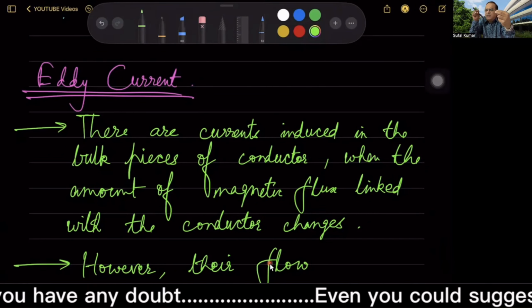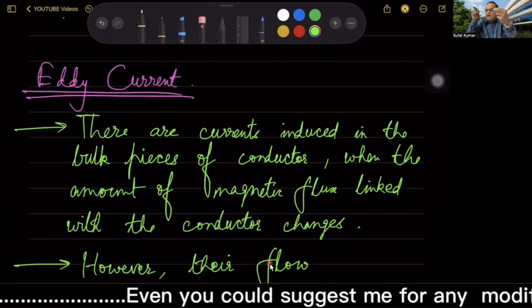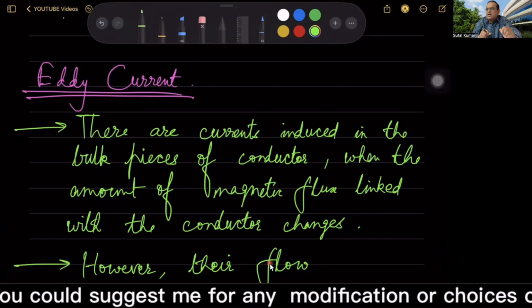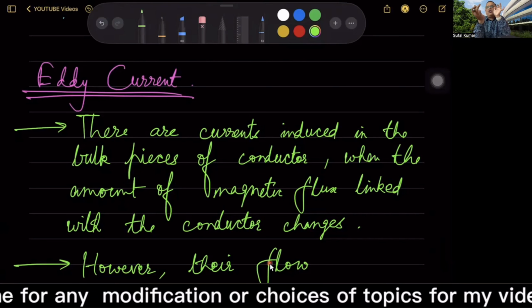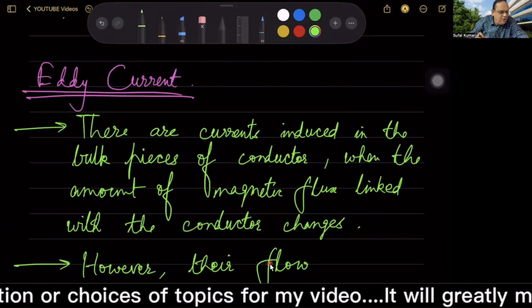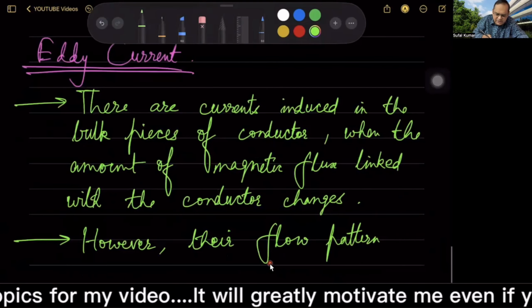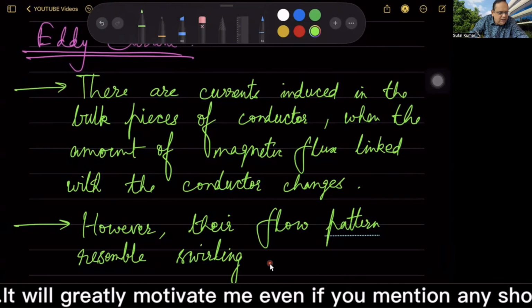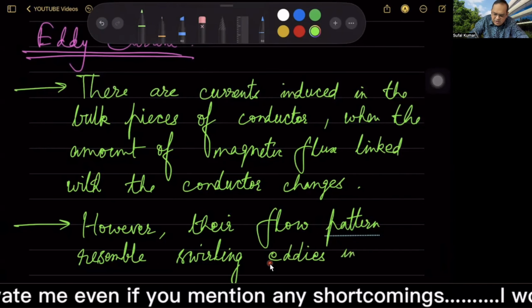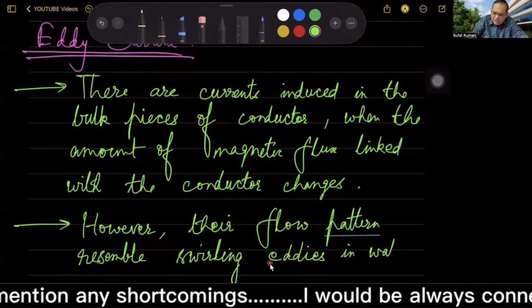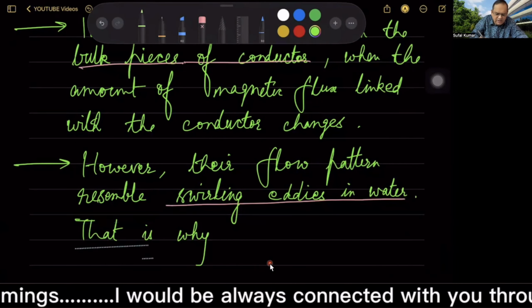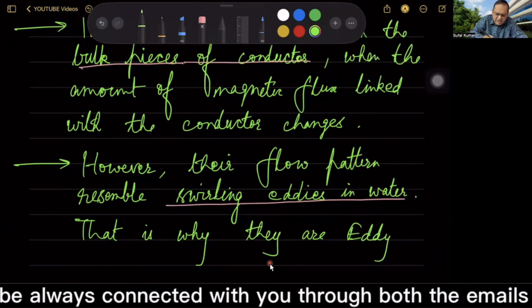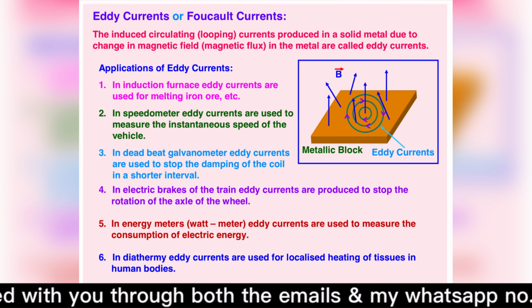Now we don't have current carrying wire type conductor. We have full solid. However, the flow pattern resembles swirling eddies in water. So that is why they are eddy current.